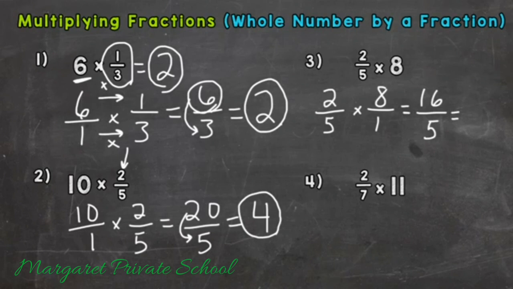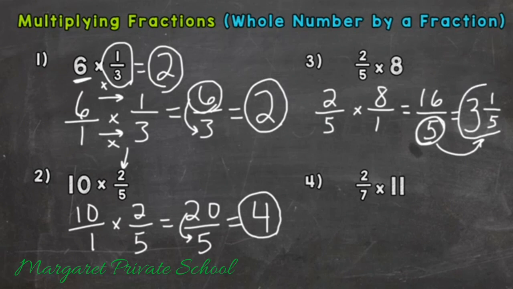How many whole groups of 5 can we pull out of 16? And the answer to that is 3. But we have 1 left over, right? 16 divided by 5, we get 3 with a remainder of 1. So that remainder becomes the numerator here, and then we keep the denominator the same. So 3 and 1/5.